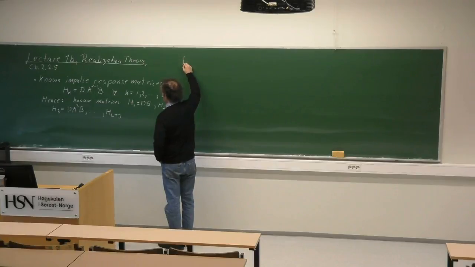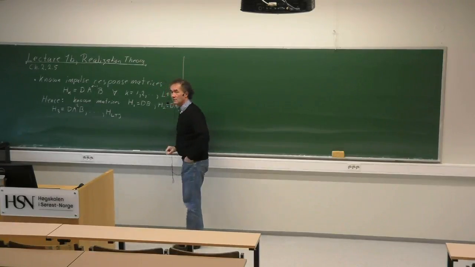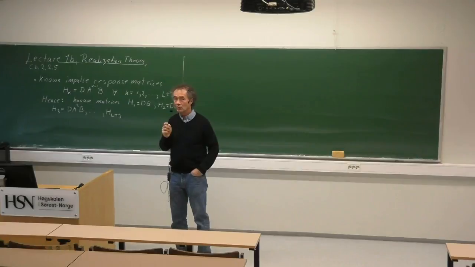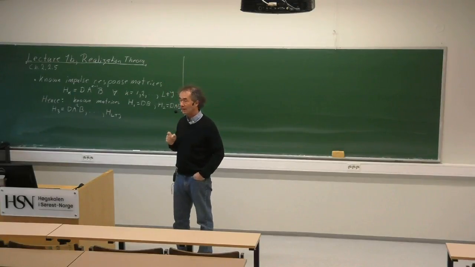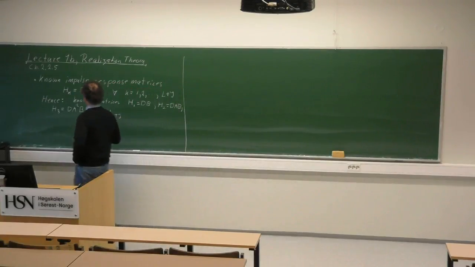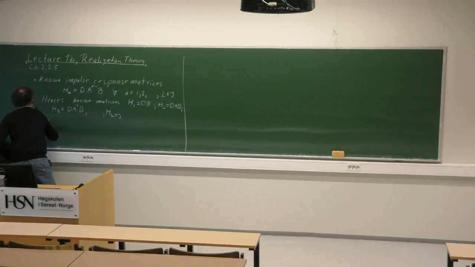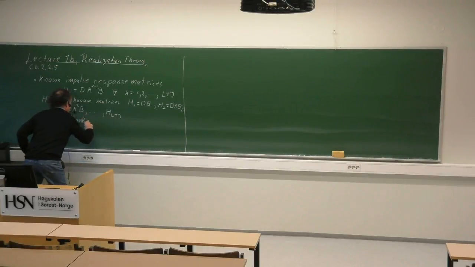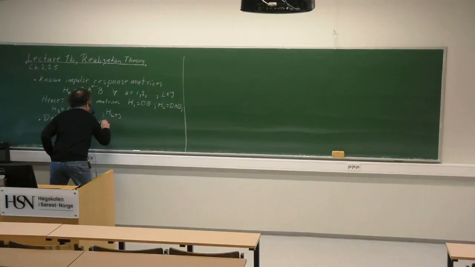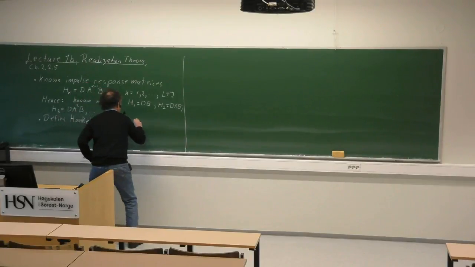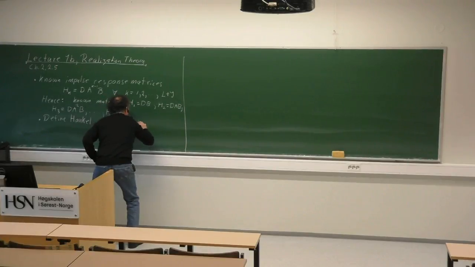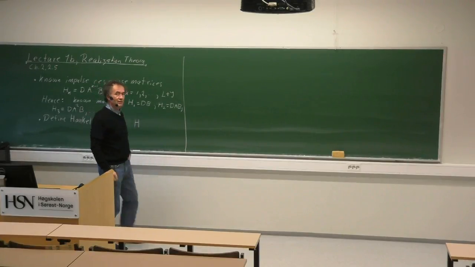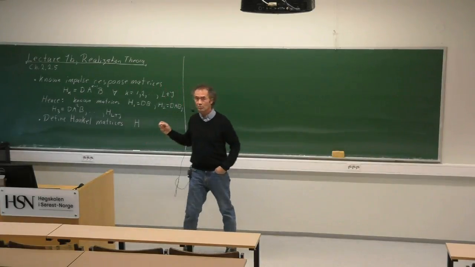From those impulse response matrices, we define two so-called Hankel matrices. The first one is denoted also H in the lecture notes, chapter 225.